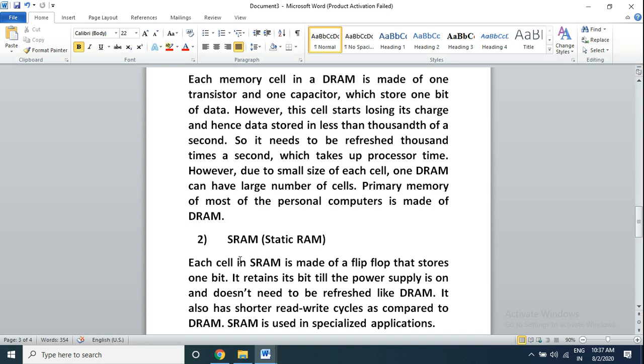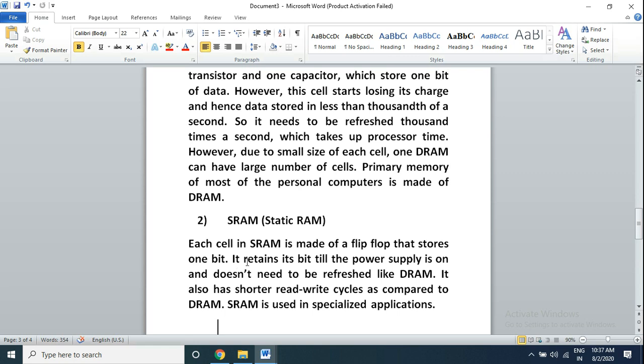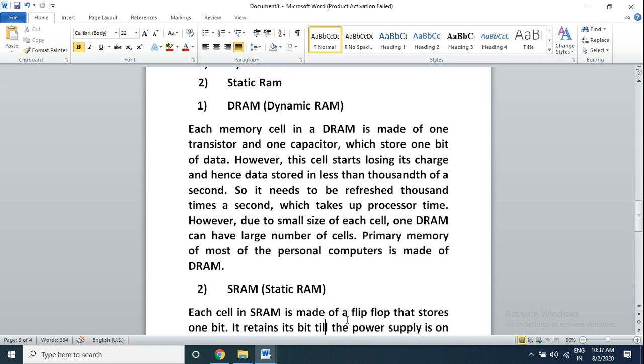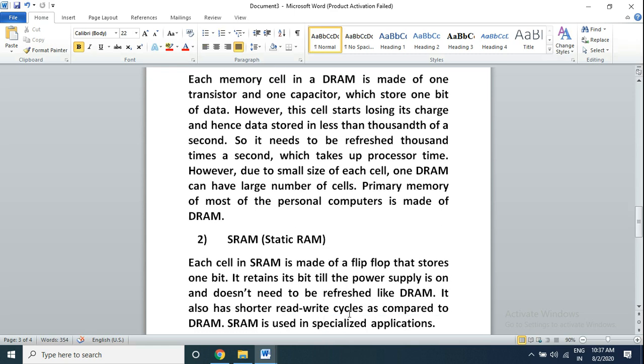Second is static RAM. Each cell in static RAM is made up of a flip-flop that stores one bit. In dynamic RAM, data is stored in a transistor and a capacitor. Here we are using the technology of the flip-flop, which will be explained in a later video.